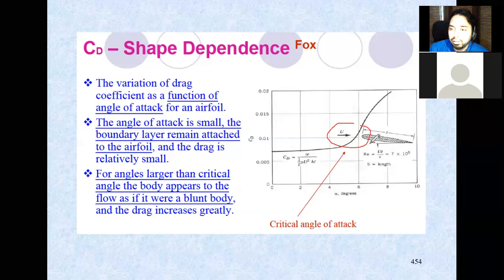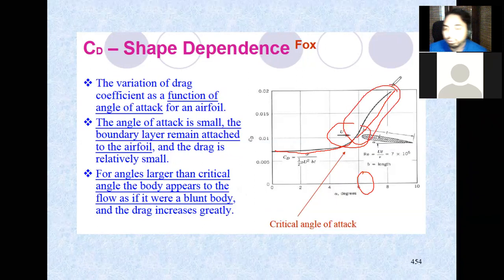Like this. If you change the angle of attack, then you may have a relatively constant drag, but suddenly around 6 degrees, you're going to have a lot of drag. This section is due to the pressure drag.